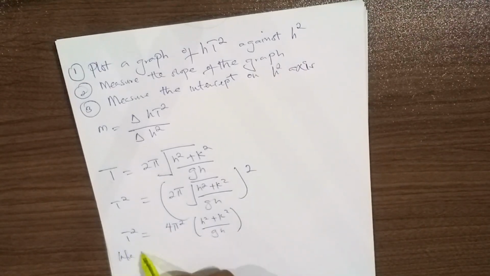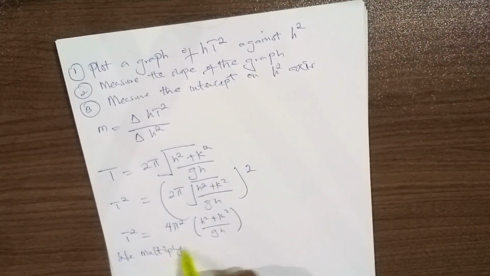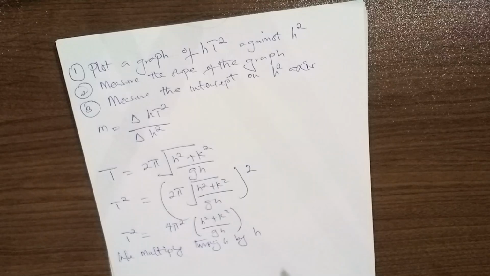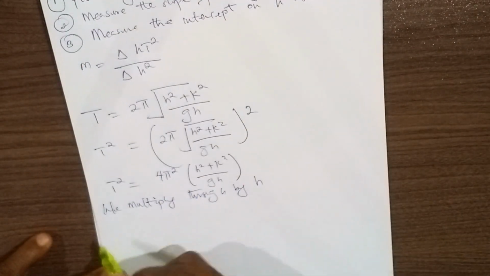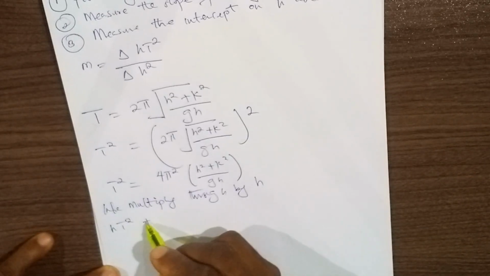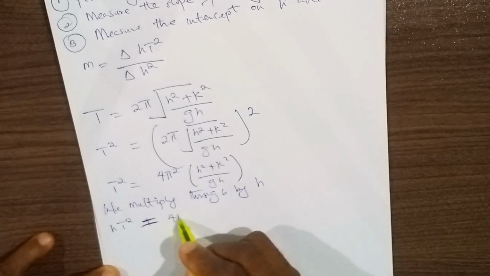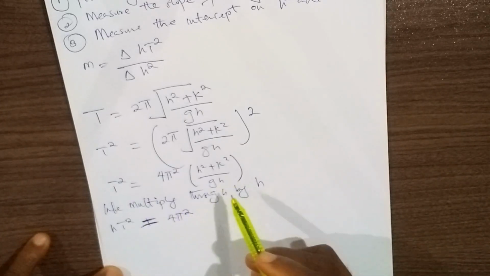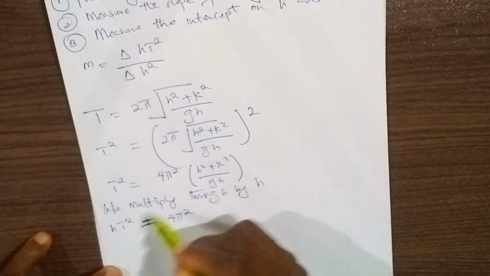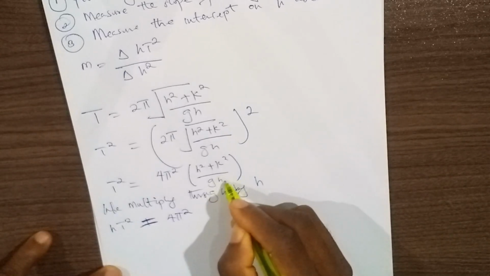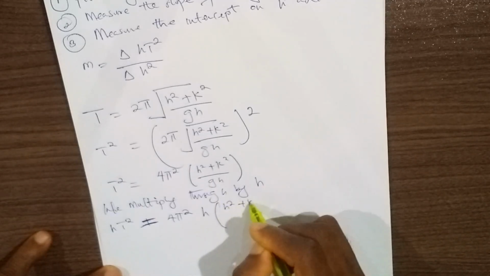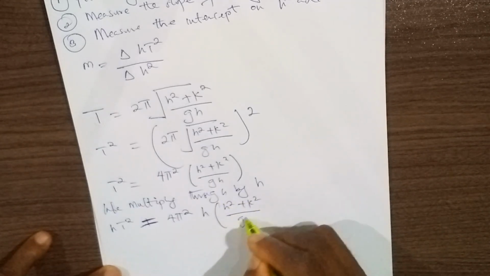We multiply by h, so that we have ht squared equal to 4 pi squared, then h into h squared plus k squared all over gh.